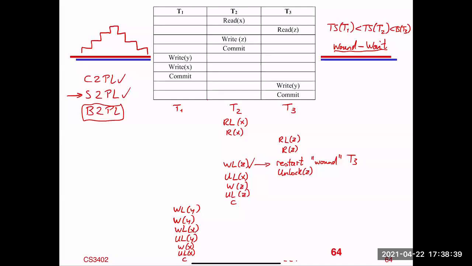If we assumed strict two-phase locking, which we're not here, since we're assuming just basic two-phase locking, then these operations would need to happen after the commit, and also this one here. But that's true, as I said, only for strict two-phase locking. It's not necessarily true for basic two-phase locking or for conservative two-phase locking.